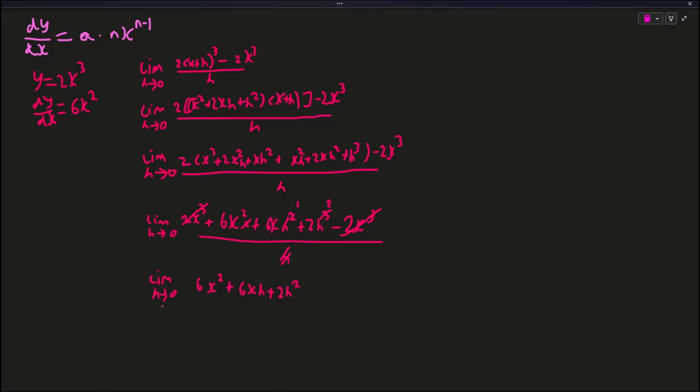And as h tends to 0, this becomes 0. So then we get left with 6x squared, which is the same as we had with the other one.